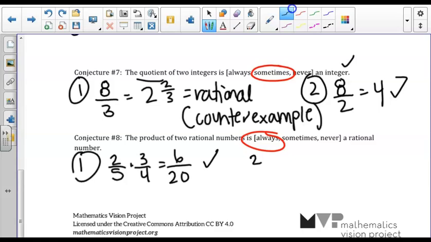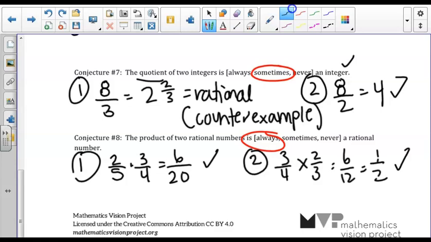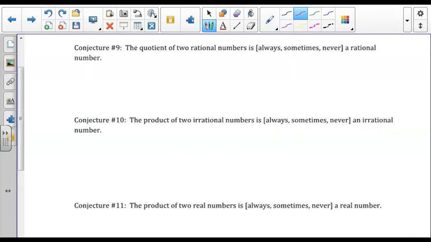There's a rational number. And if we look at another fraction, 3/4 times 2/3, we get 6/12, which is 1/2, which is also rational. And if we keep looking at fractions and multiplying them, we will see that this always works. The quotient, when we divide two rational numbers, we will always get a rational number.